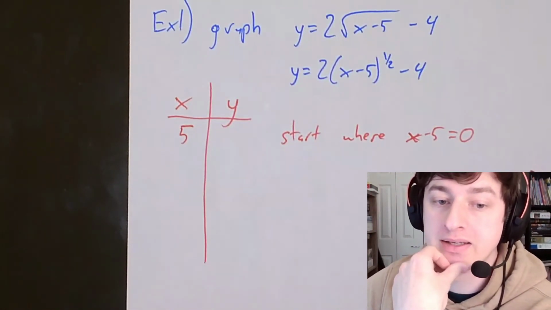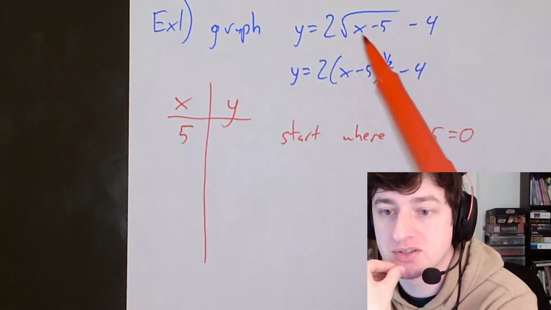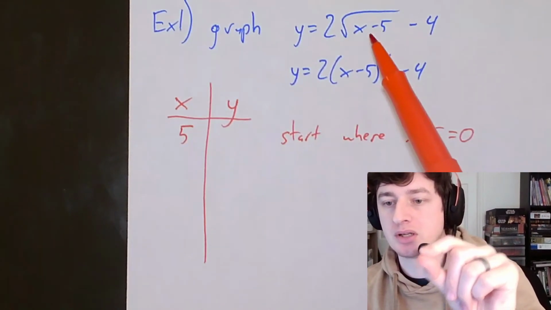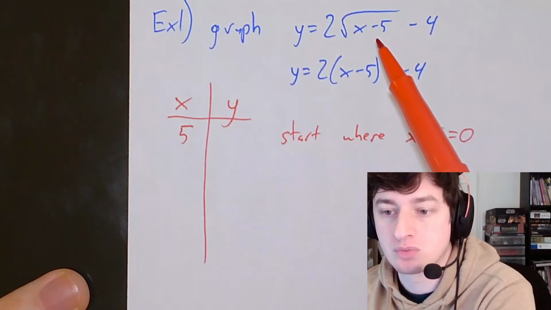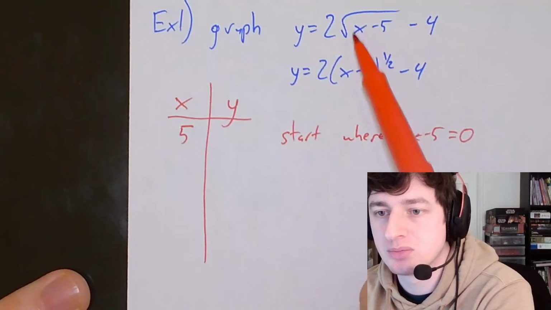We'll see why I did that in a second when we graph it. But when this is 0, that's the starting point, right? The square root function had a point and then it curved off from there, kind of like a rocket or something. It had a starting point. This is going to be where the starting point is.